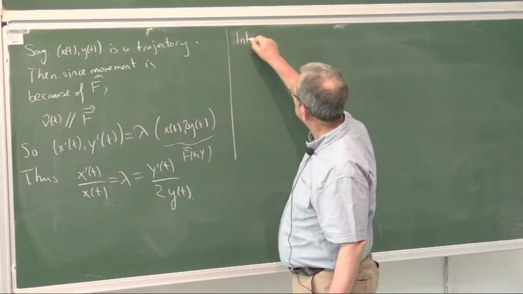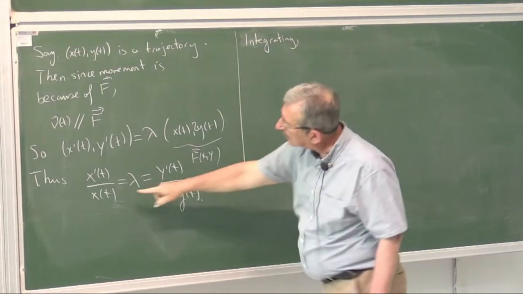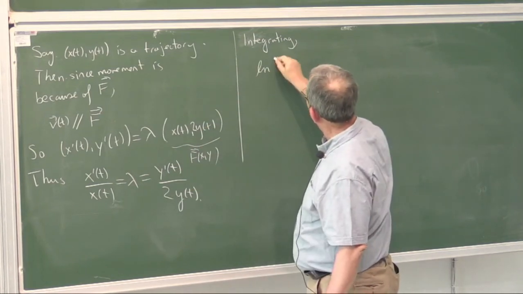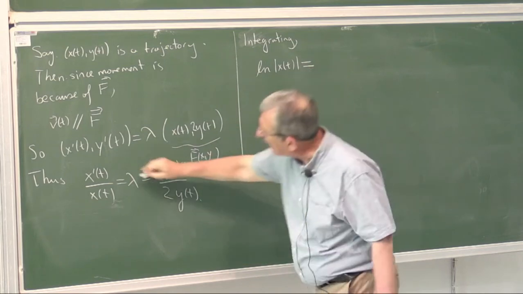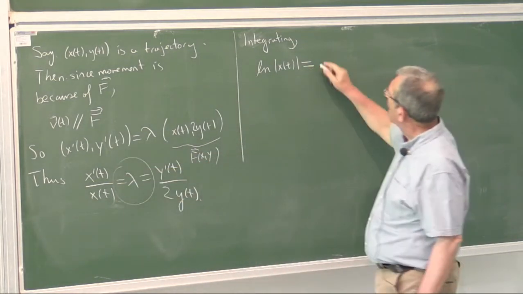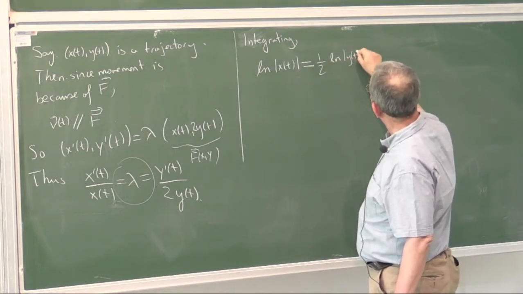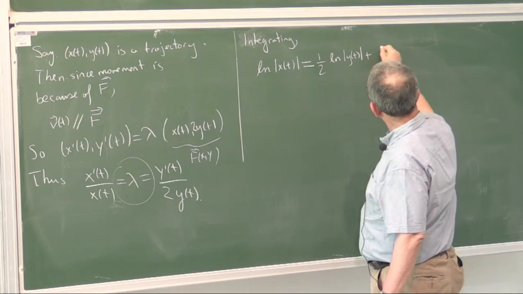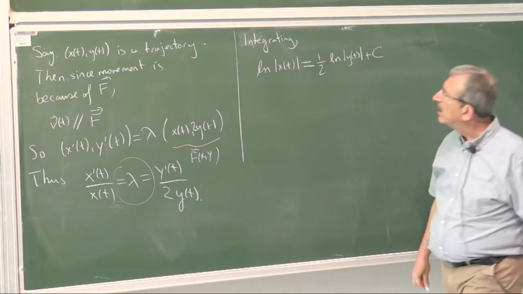So integrating, we get logarithm of x(t) is equal to, I'm bypassing this lambda, I'm not interested in lambda, 1/2 logarithm of y(t) plus a constant, because we are integrating indefinitely.